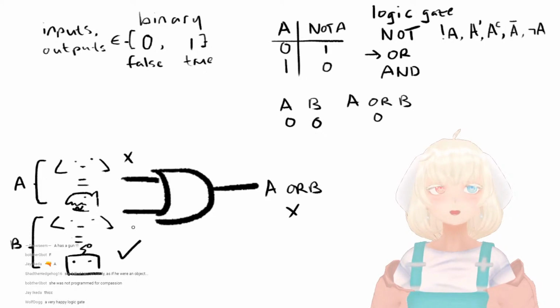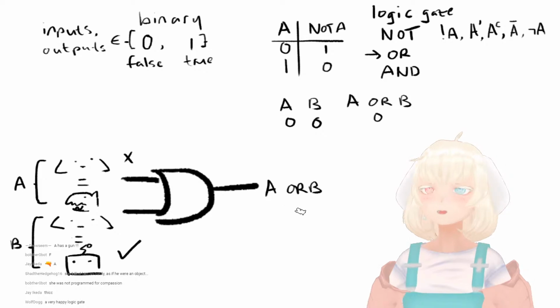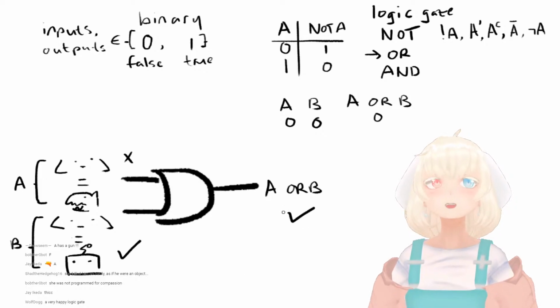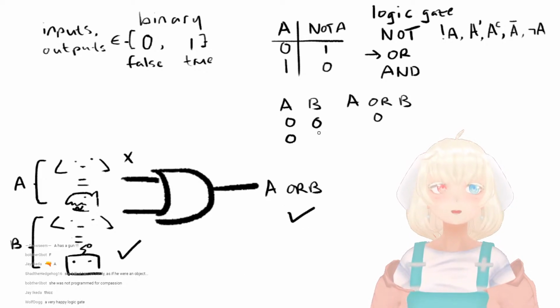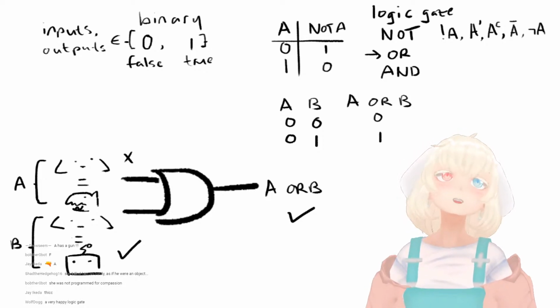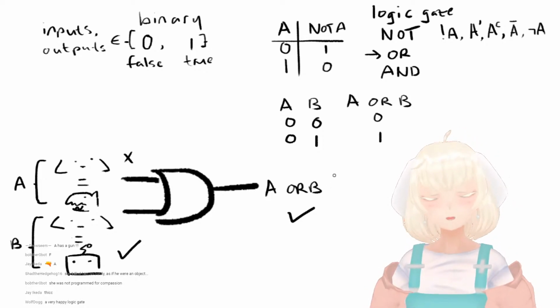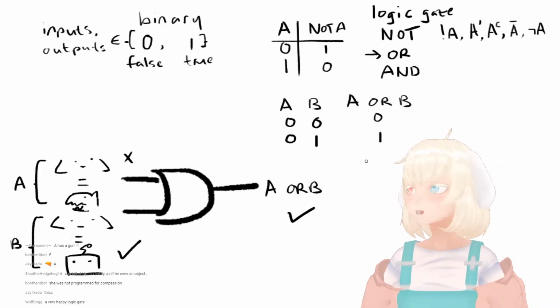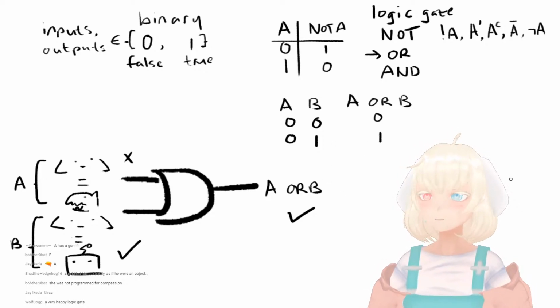And so since one of these things is true, then that means the entire statement is true, right? So Aki is not a dog. Aki is a robot. And so A or B is true, right? So if I say Aki is a dog or Aki is a robot, then since one of these is true, both of these are true.